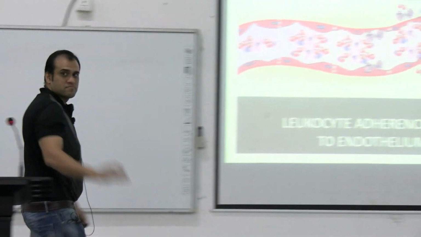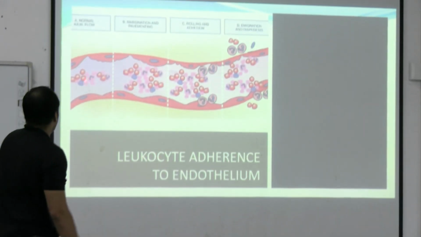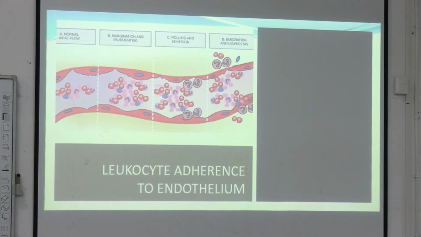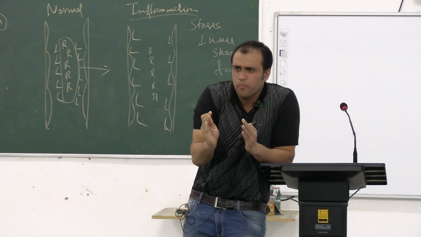Okay. See this picture, normal, and they are moving towards the periphery. This is the schematic picture, I am trying to explain it here. The red cells are located in the center, while the leukocytes assume a little more peripheral position.